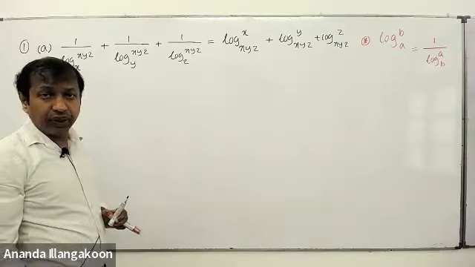When you convert this to logarithmic form, I can write log of this a, and on the right hand side, this base, I must bring as the base of the log here. Then its answer is going to be the right hand side, power 1. I think everybody can understand this.